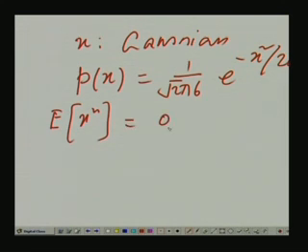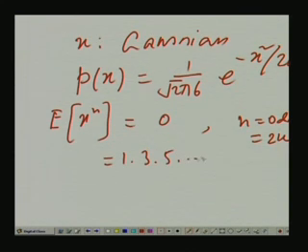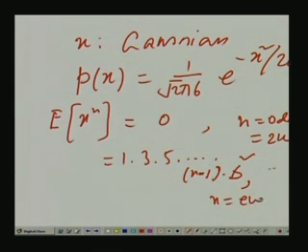This is equal to 0, we will show how, if n is odd, that is twice k plus 1. Otherwise, it is equal to 1 times 3, 5 up to n minus 1 times sigma to the power n, when n is even equal to twice k.